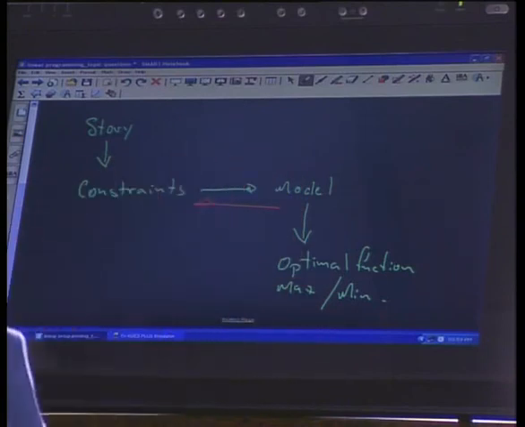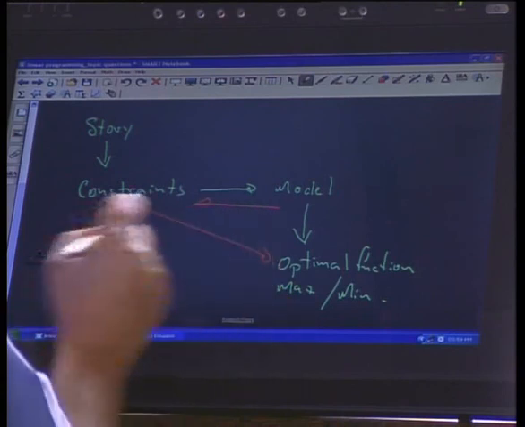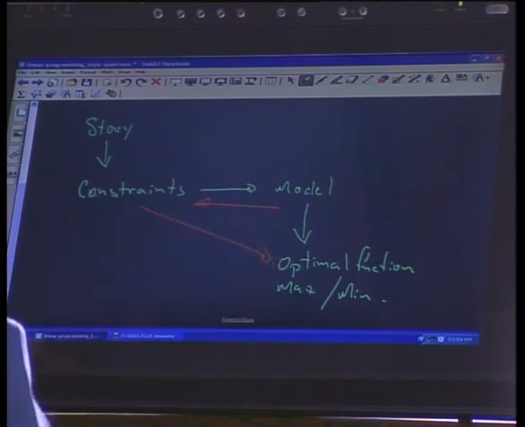Now that's the one way the question is usually asked. The other way the question is asked is they give you a model and you have to find the constraints. And from the constraints, you then have to use the optimal function to find your maximum or minimum. I hope that linear programming has made a lot more sense to you and you'll be super successful in your exams.